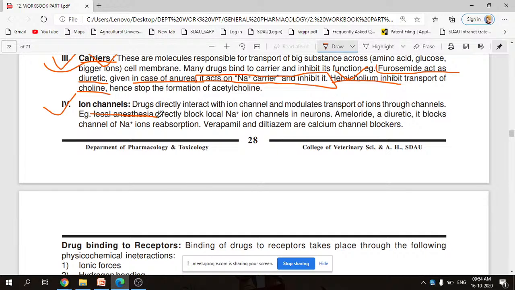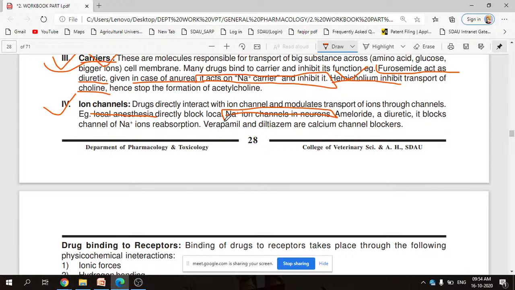So how does it produce the insensitivity or loss of sensitivity from a particular area? It blocks the sodium channels in the neurons. The sensitivity is caused by the neurons, and in the neurons there is a sodium channel. If this sodium channel is blocked, then the influx and outflux of the sodium, potassium, or other ions will be lost, and there will be no excitability.